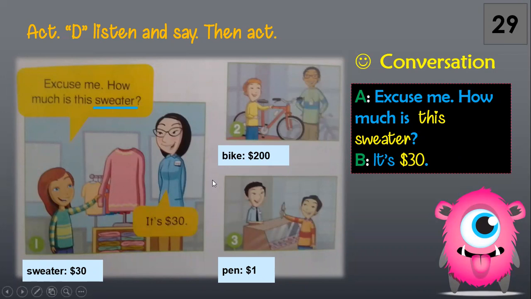Now, in the third situation, look at the boy. The boy is holding this. What is that? That is a pen. The boy wants to buy this pen. In order to buy, he needs to ask. And what is that question? Let's listen.